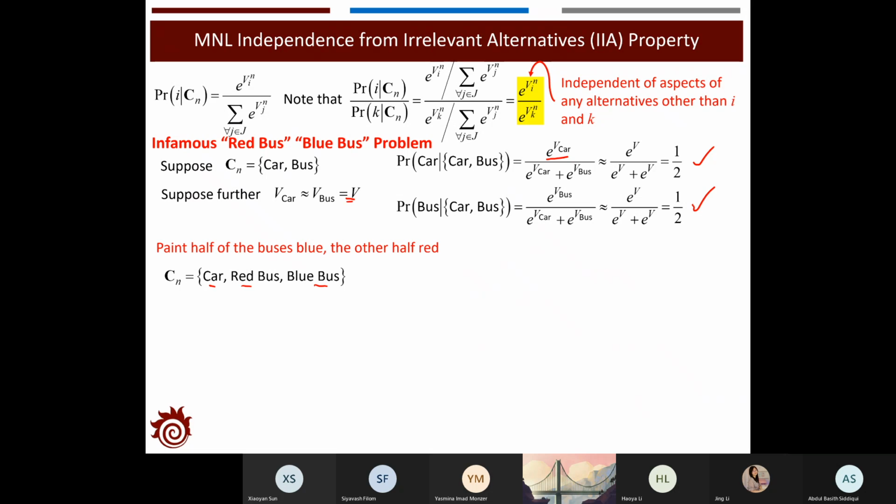Just based on your common sense, if the city repaints the bus, half blue and half red, will you change your decision to take the bus or drive by yourself? If you already have a decision, will you make any change about it or not?